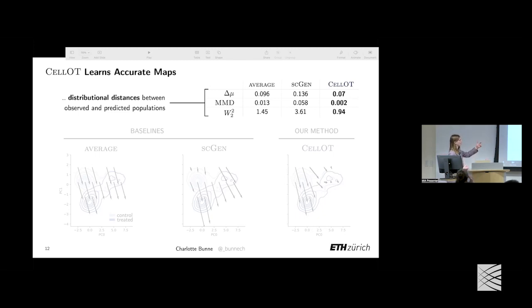One easy way of doing so is measuring the distributional distance between what I predict and what I actually see. So I'm taking the MMD, one distributional metric, the Wasserstein metric is another one, or simply the drug score, the average Euclidean distance between the outputs I predict and the treated cells I actually observe. And what we can see is that, also with these distributional methods, CellOT learns fairly accurately.